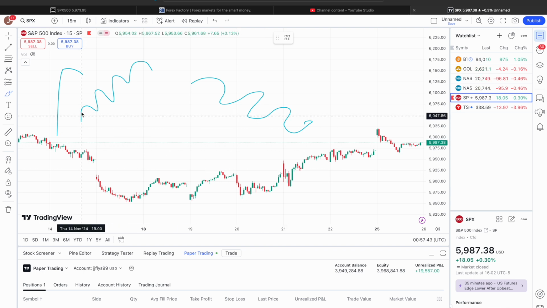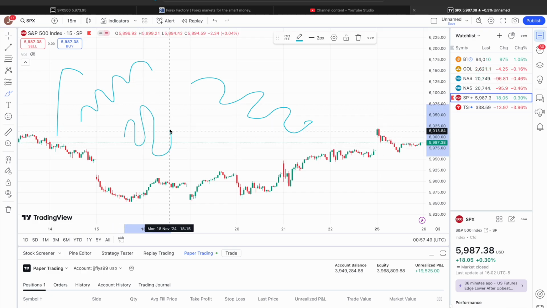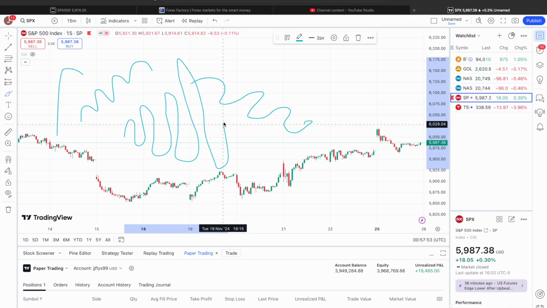But if price just swept liquidity and then swept liquidity and then swept liquidity and kept doing that, price would go nowhere except just do that and get bigger and bigger and bigger. And price just doesn't move like that. So we have to take into consideration time frames and things like that.